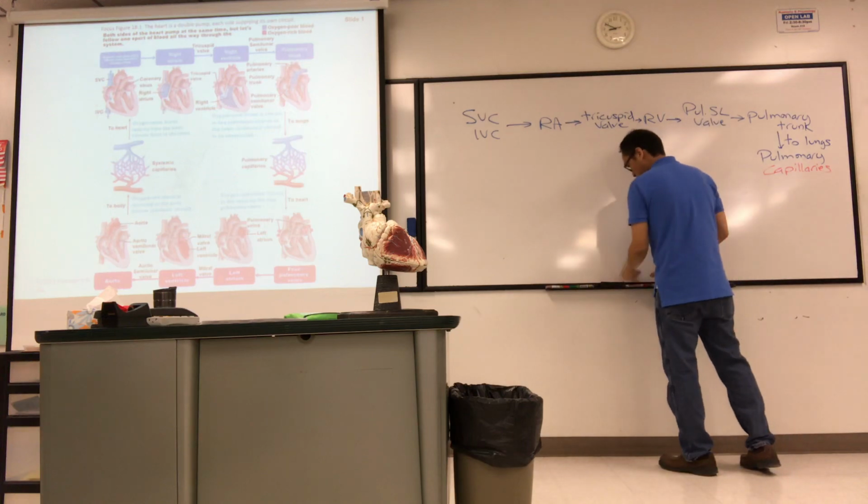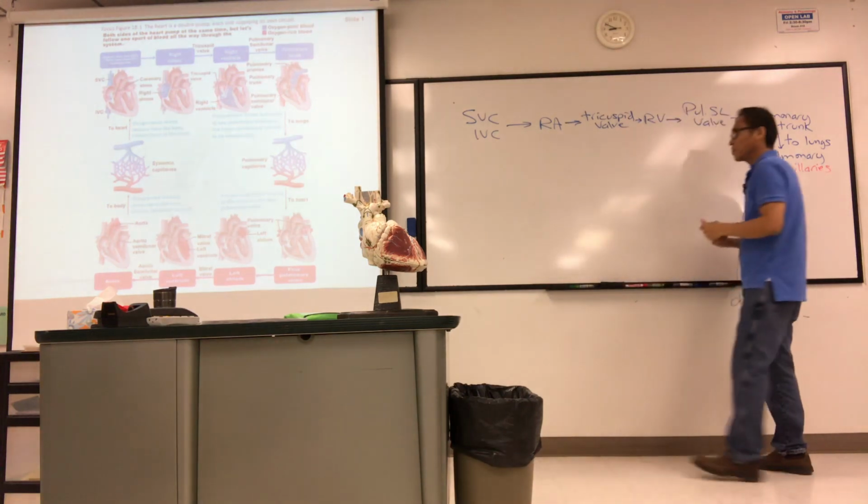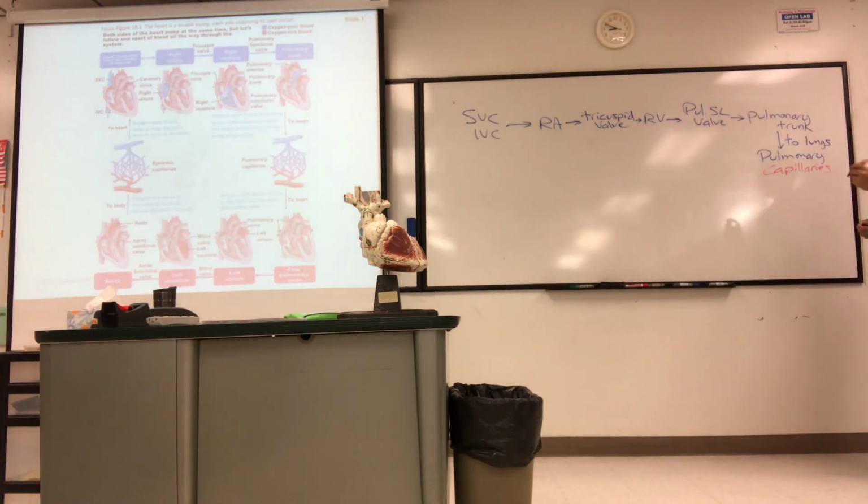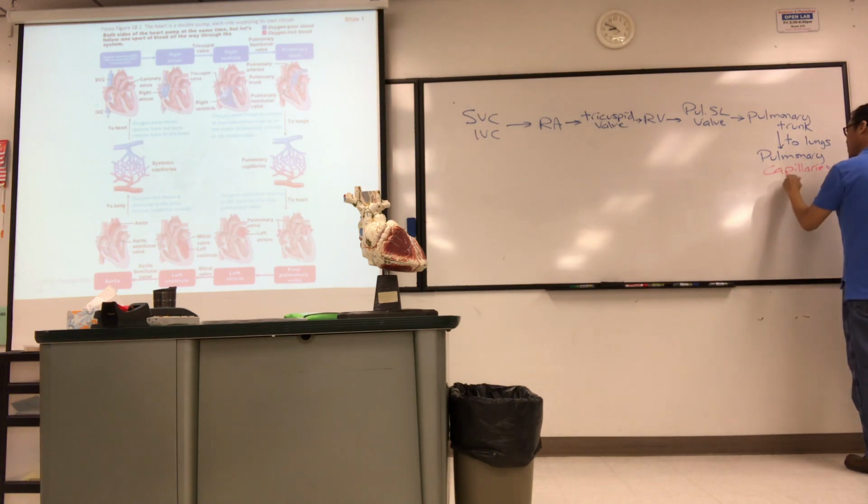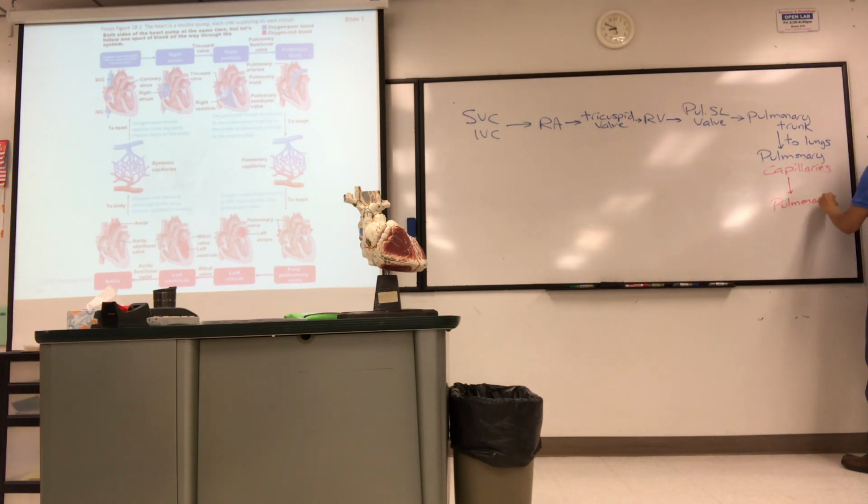That's where blood is oxygenated. Now, this oxygenated blood is collected by the two left and two right pulmonary veins. The pulmonary veins are draining into the left atrium.